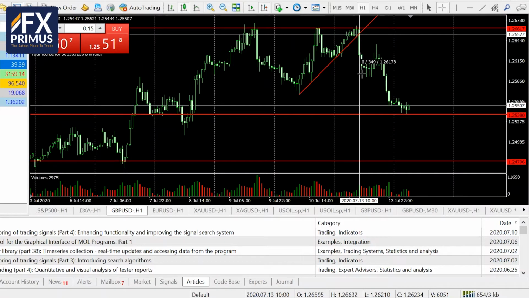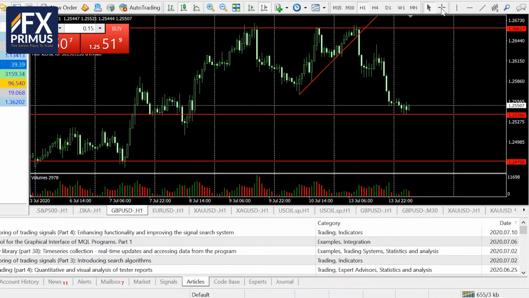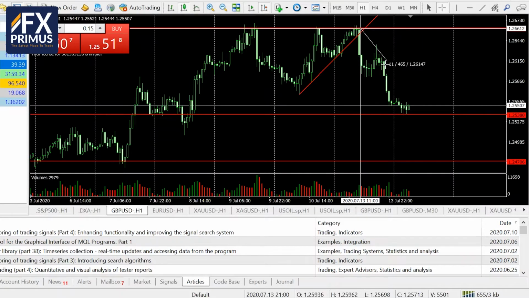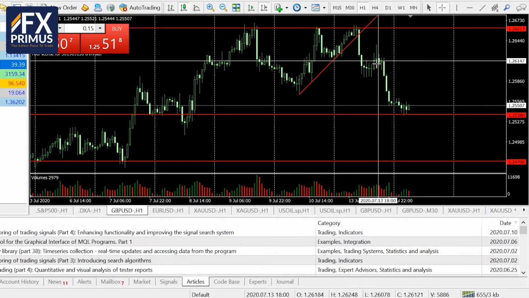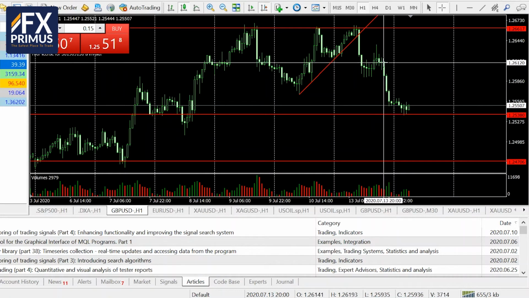The UK pound weakened from a high of about 1.2661 over here on the right, all the way to a low of about 1.2591. So it came down about 70 pips, and then after consolidating for a number of hours it moved down again during the US trading session.